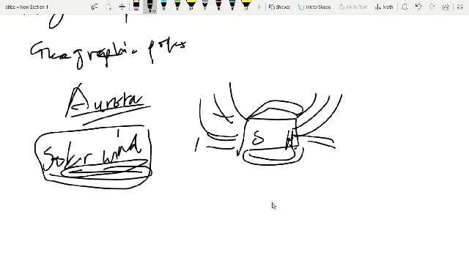Now, in aurora, we have different names. There is the aurora borealis, right? Then we have the aurora australis, right? Then that is basically the idea behind the aurora.